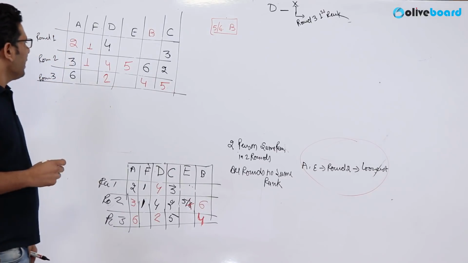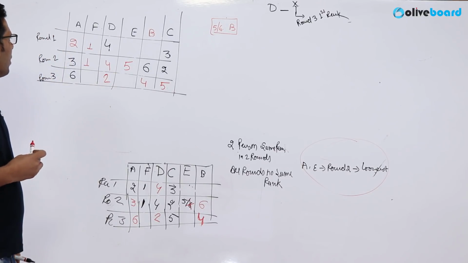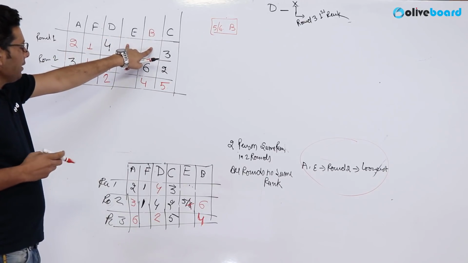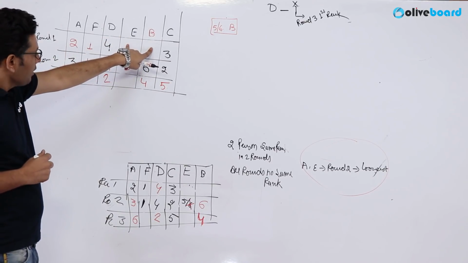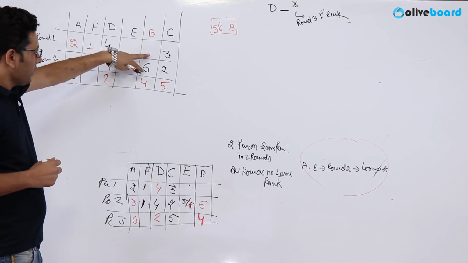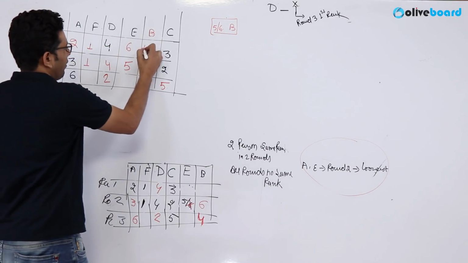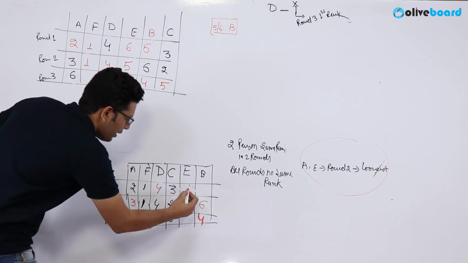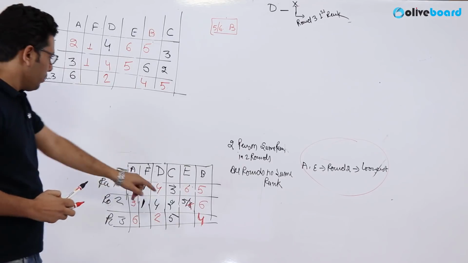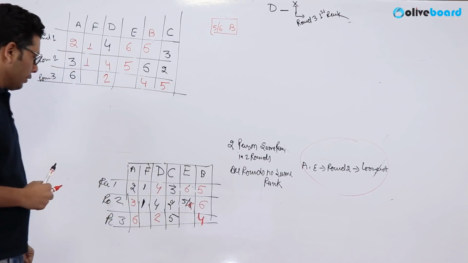So what the analysis shows is that in round 1 my remaining ranks are 5 and 6. Two cannot have more of the same rank, so it would be 6 and 5. Similarly, it would be 6 and 5 here also.